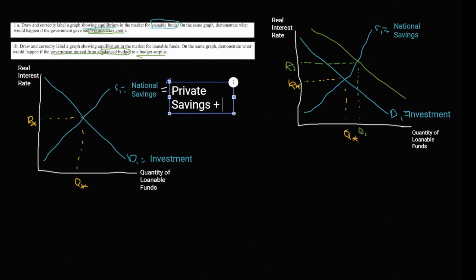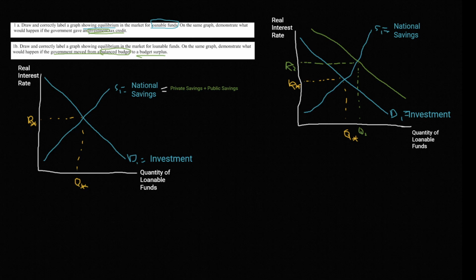And nothing is changing with the private savings, so we don't have to worry about that. We just have to look at the public savings, the stuff that the government is doing with their savings.